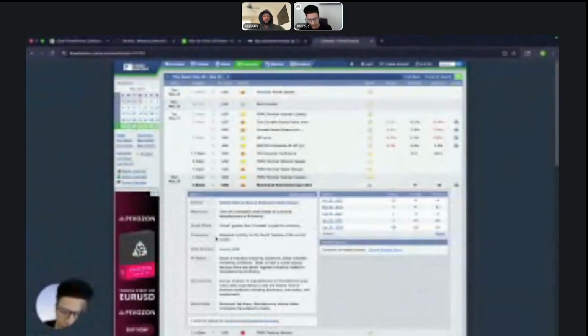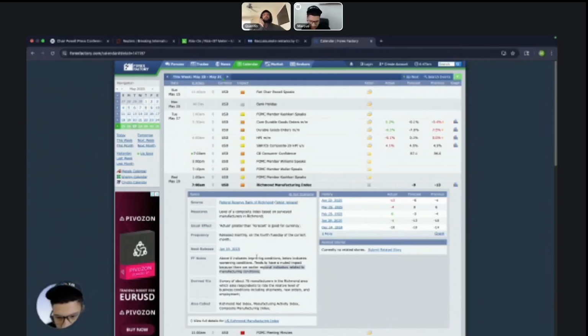And there it goes. So let's go back to the Richmond Manufacturing Index really quick. Why do we care? Normally it has where traders care, but this is a good one here as well. Let's just read this. Above zero indicates improving conditions. Below zero indicates worsening conditions. Tends to have a muted impact because there are earlier regional indicators related to manufacturing conditions.